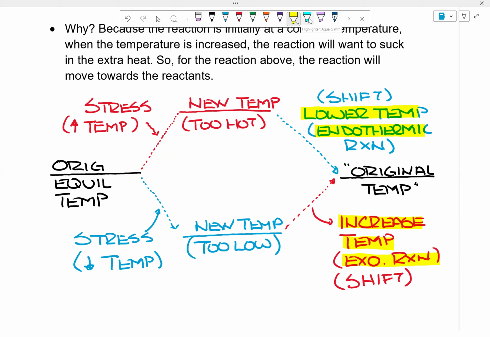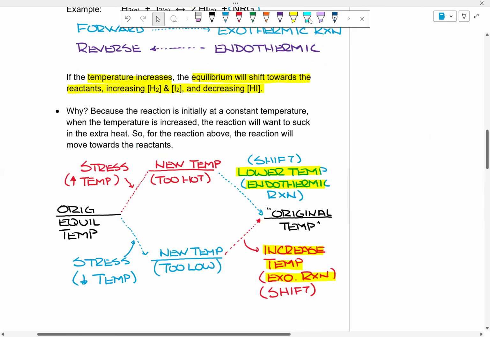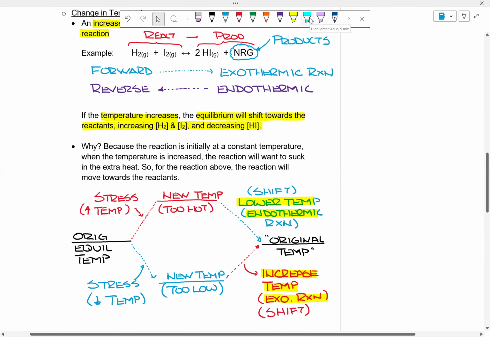So that's the idea that you can take a look at: when the temperature gets too high or too low, the reaction either wants to generate heat or reduce the heat to bring it back to the original temperature to the best of its ability. And how does it generate or absorb heat?